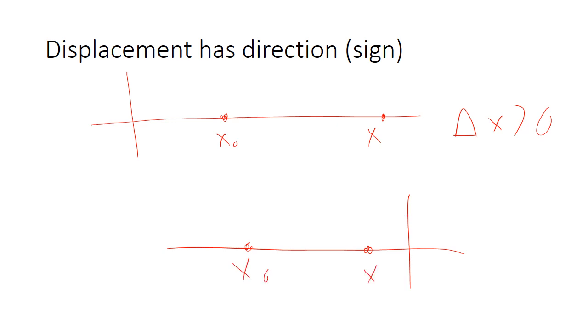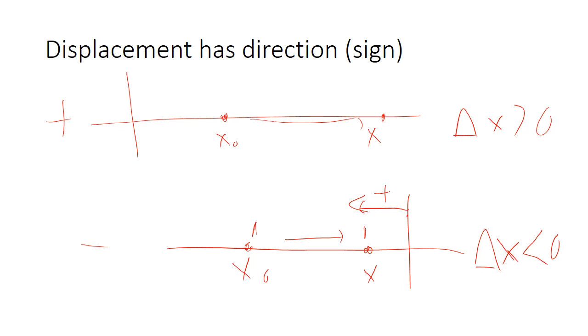Well, now if my origin is right here, if I say that way is positive, this number is more positive than that number, so delta x is going to be negative. Okay, so what is this? They both moved in the same direction, but here I said this is positive and this is negative.